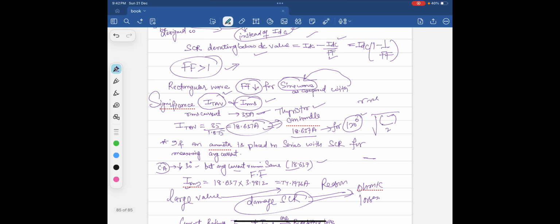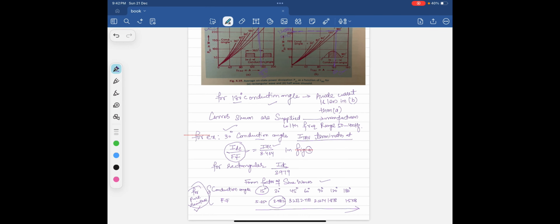Now, if an ammeter is placed in series with an SCR for measuring the average current, we get the same value, 18.67. But if the conduction angle is reduced to 30 degrees, we won't get the same RMS current. We have to multiply this average on-state current by the form factor for 30 degrees, which we have got from the previous table.